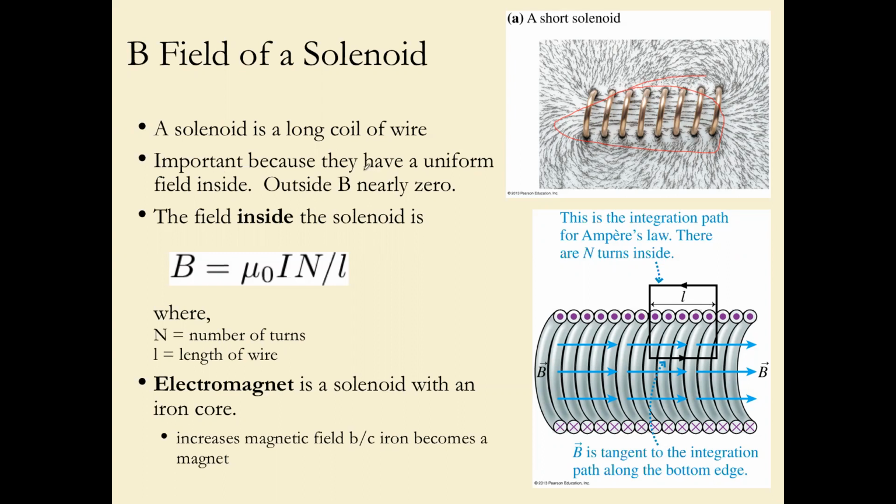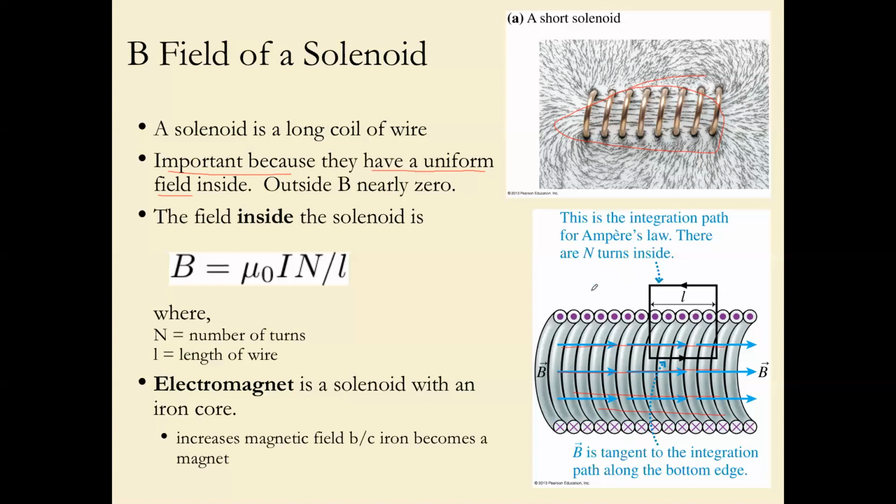As I said, since they create a uniform magnetic field, they are important. The magnetic field is uniform inside of the solenoid. Assume that these are the turns, or loops, of the solenoid. Inside of the solenoid, the magnetic field is uniform at every point.